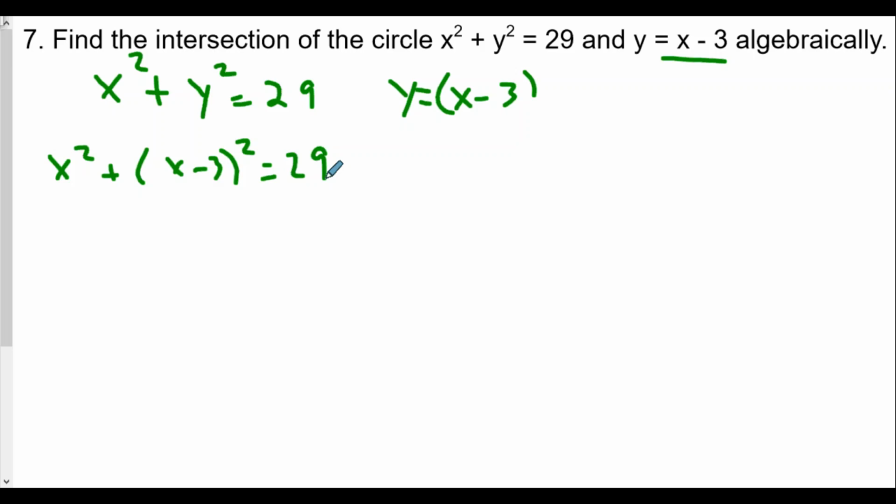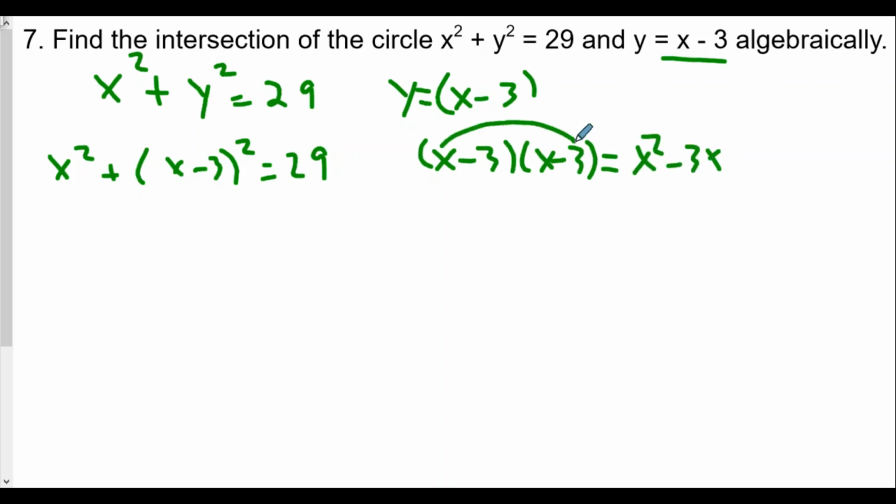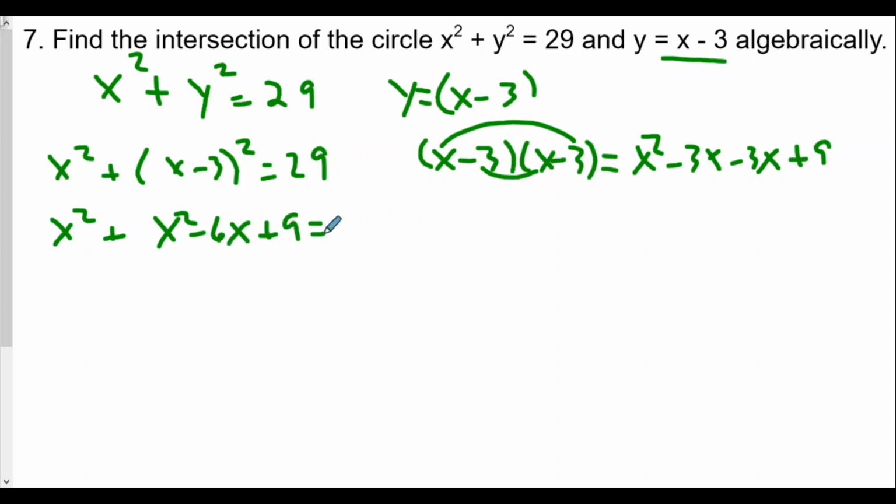If we expand x minus 3 times x minus 3, that is equal to x squared minus 3x, that's the first and outer terms, minus 3x, that's the second, and then plus 9. So we have x squared plus x squared minus 6x plus 9 equals 29.